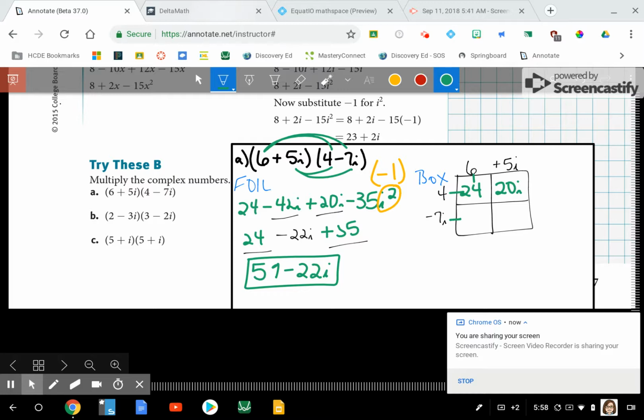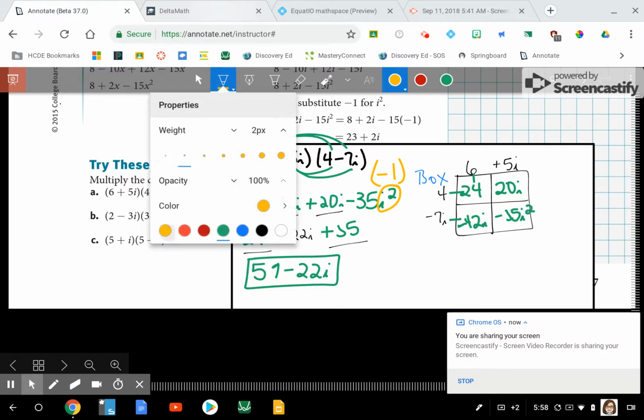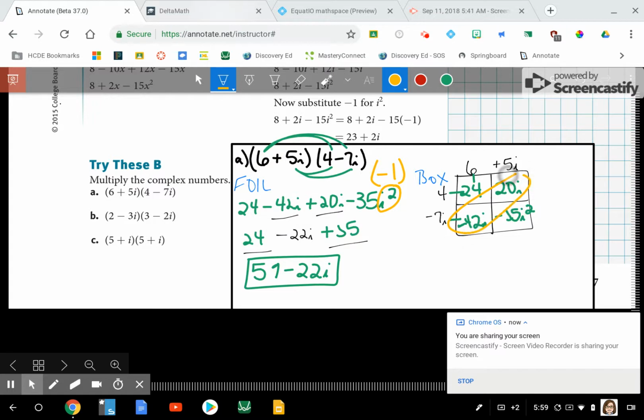Negative 7 times 6 is negative 42i. And then we have negative 7 and 5i, or negative 35i squared. So you're just lining up. Notice we get the exact same terms. We would combine the two i terms. And we're basically back to the step where we need to change that i squared to a negative 1, combine, and we'll get the same answer.